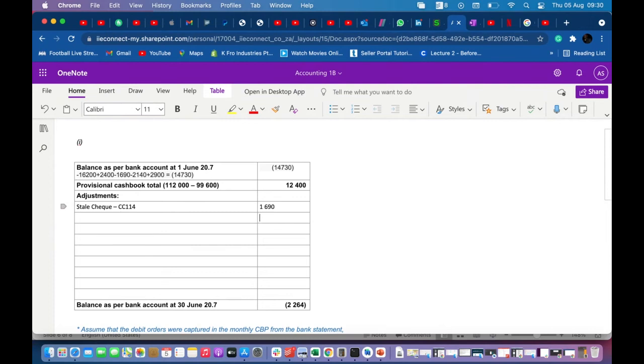Then the next one we had that outstanding check for CC154, and we said there that was the 200 Rand.